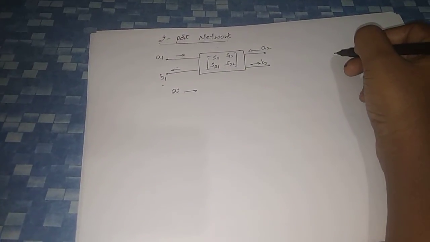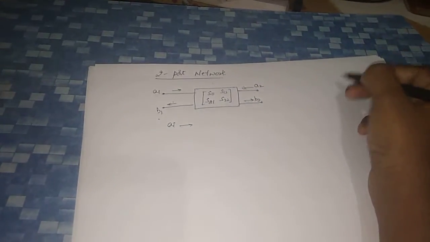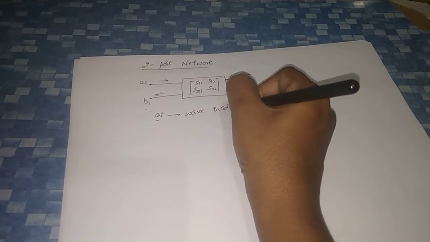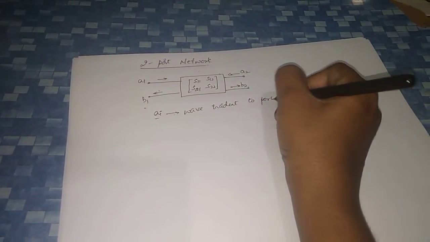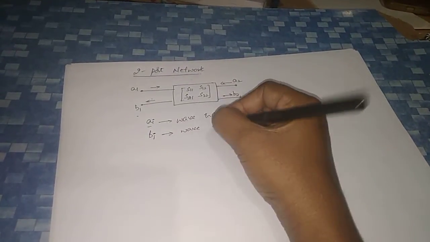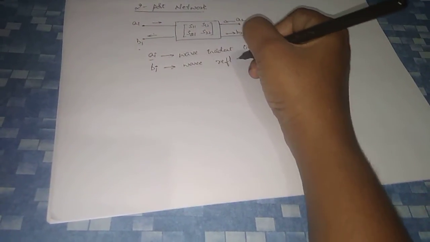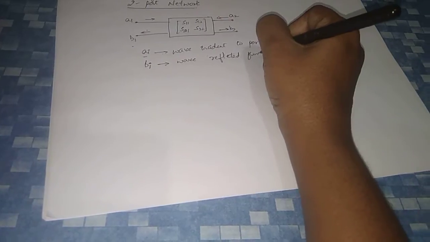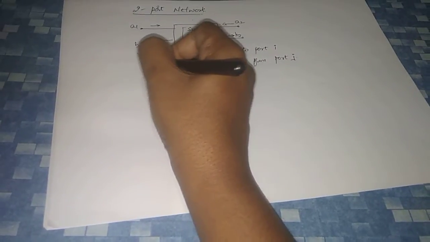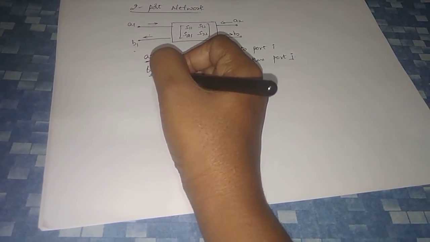If you have a multi-port or n port network, Ai represents the wave incident to port i, and the variable Bj represents the wave reflected from port j.